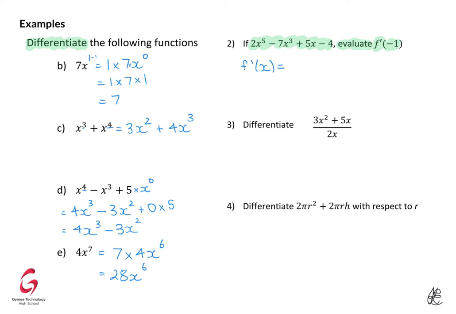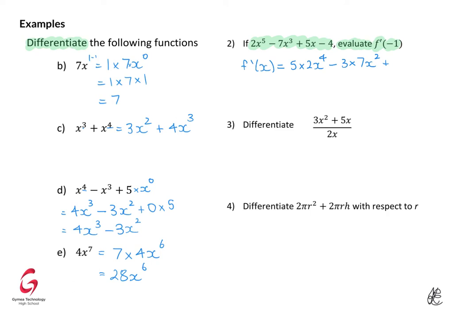Each term I need to do separately. So I'm going to start with 2x to the power of 5. So bring the 5 down the front, multiply it onto the function, take 1 off the power. Bring the 3 down the front, multiply it onto the function, take 1 off the power.